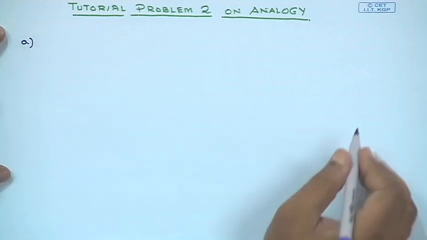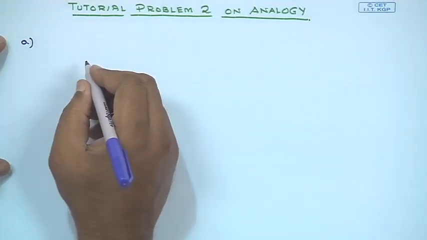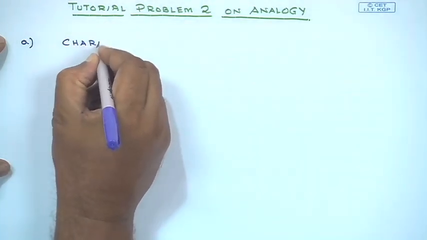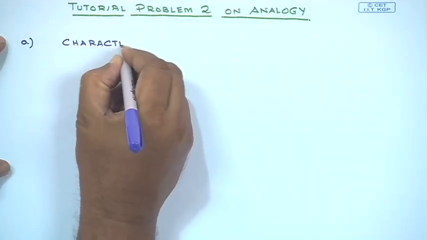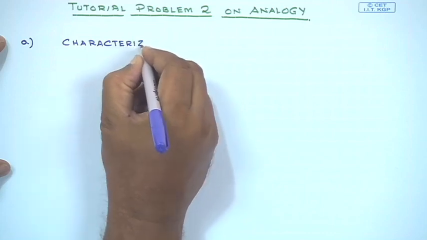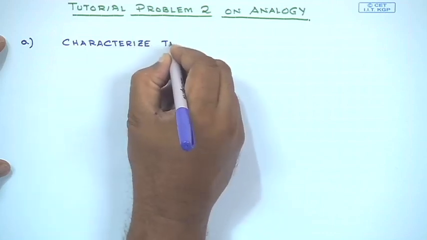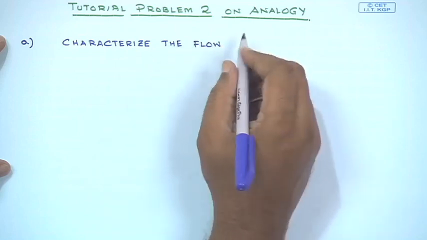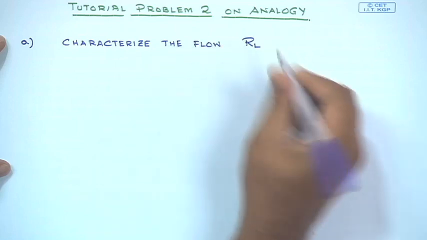So, for part A, that is there in the problem, the first thing is we need to characterize the flow. When I say characterizing a flow, I am talking about the value of the Reynolds number.